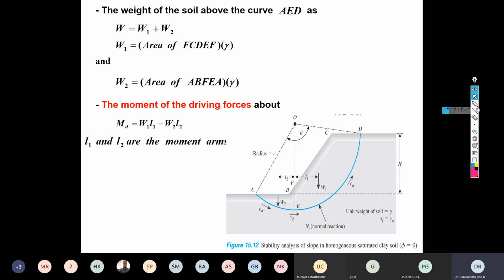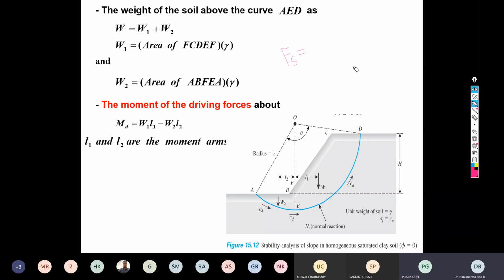Now let's see. When I say the factor of safety, you need to understand how to define it here.